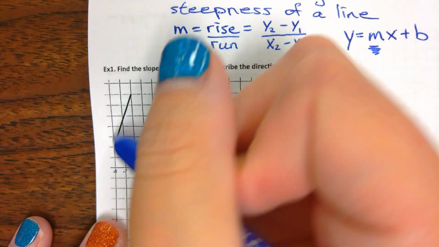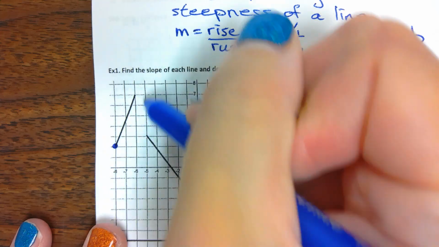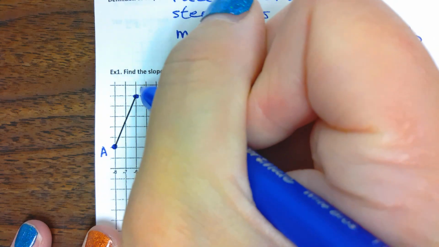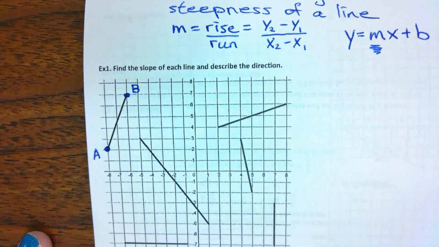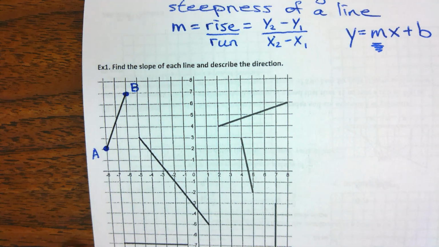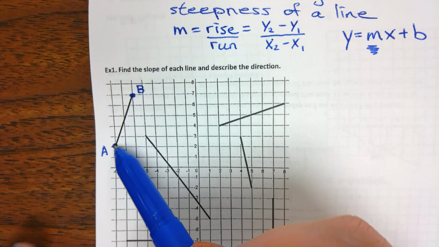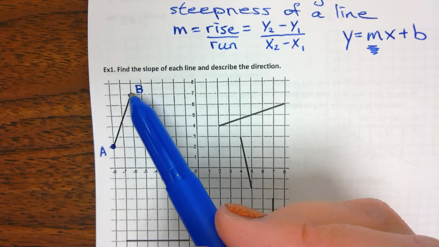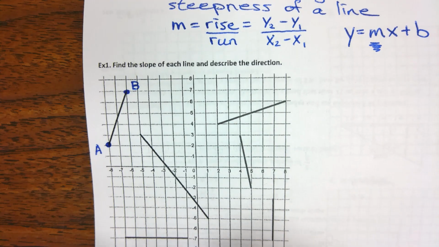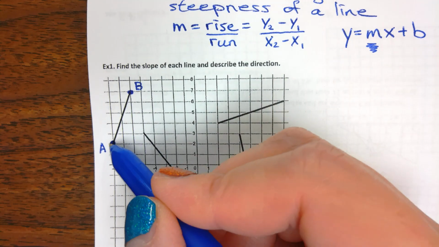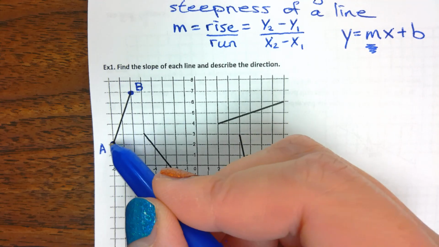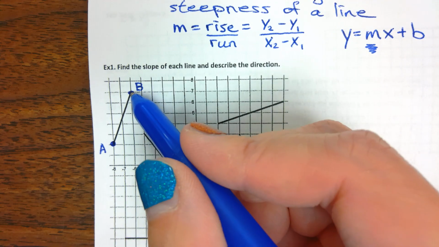So how I always teach the students how to calculate slope, we go from the left point to the right point. And imagine you are in an elevator. So Abby is trying to go find Bob. They live in the same building. Abby is trying to go find Bob. So Abby lives on this floor. Bob lives on this floor.